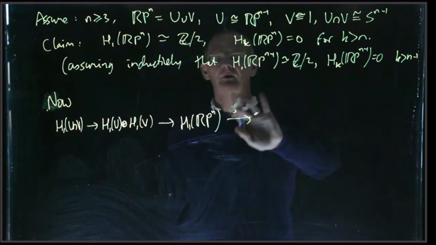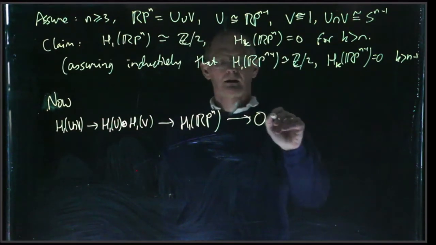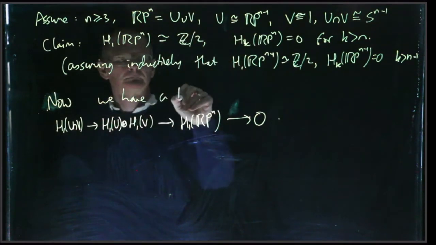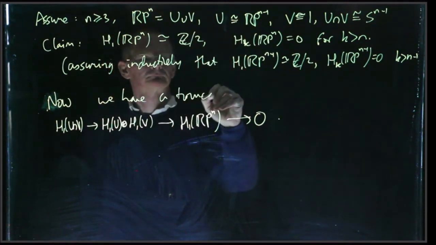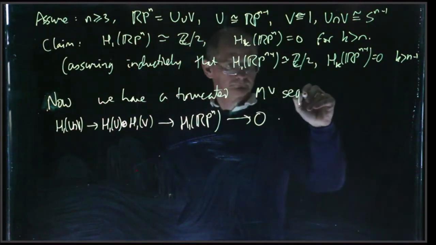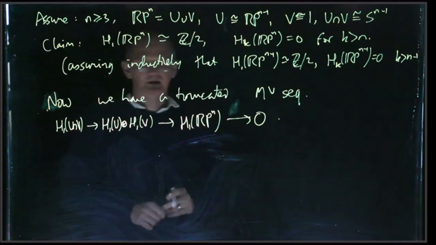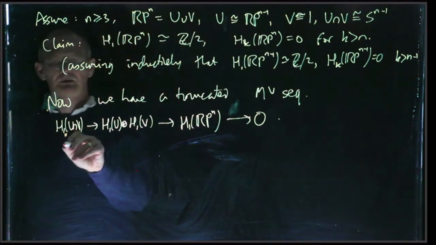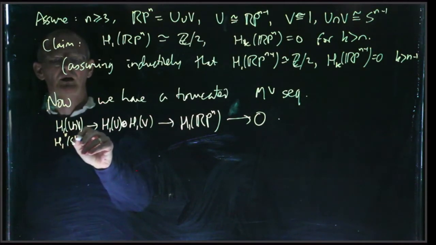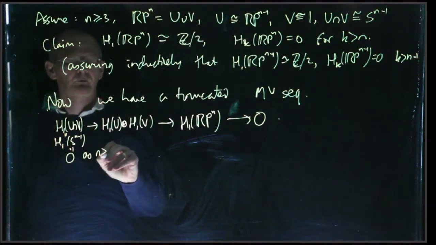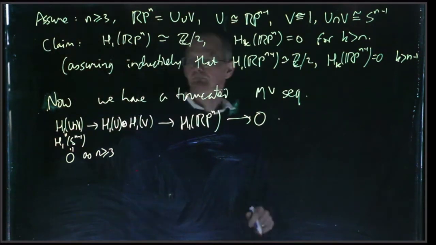This is a truncated Mayer-Vietoris sequence like this. Now here we've got H1 of U intersect V, which is H1 of S^(n-1), which is 0, because we're assuming that n is at least 3.